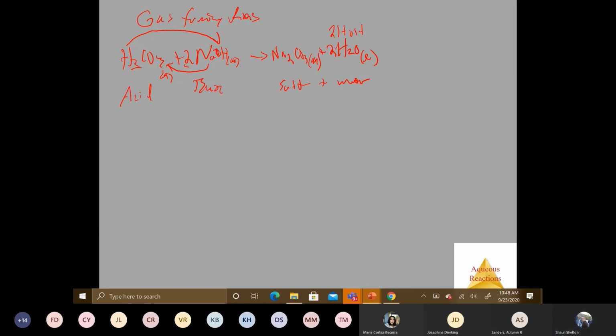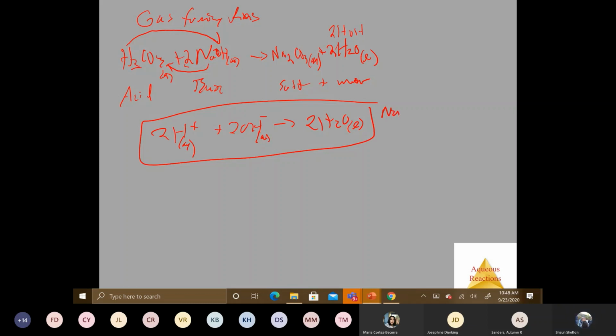And so what you end up having is H plus 2 hydroxides yields 2 waters. So that would be your net ionic equation here. So this is your net. And then remember the spectators are sodium and carbonate.